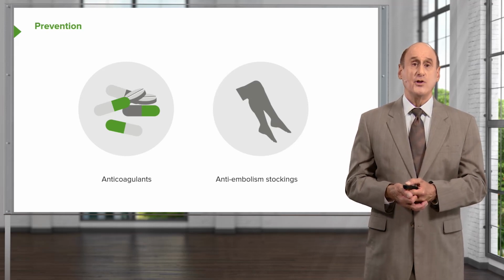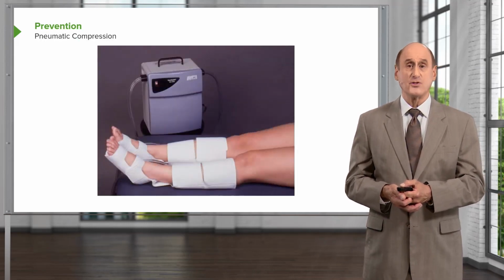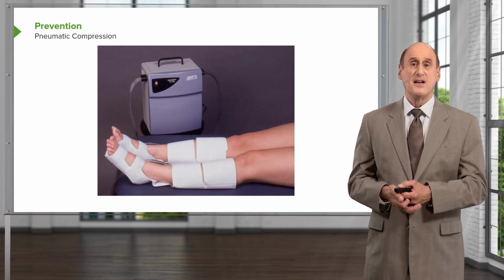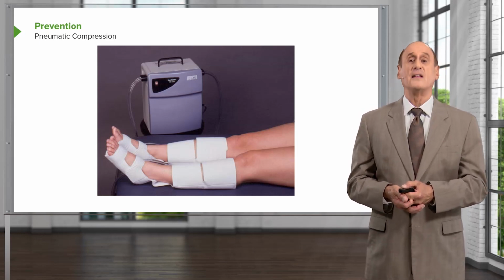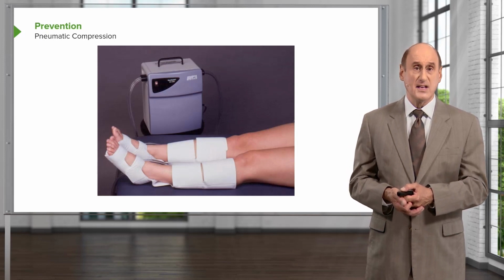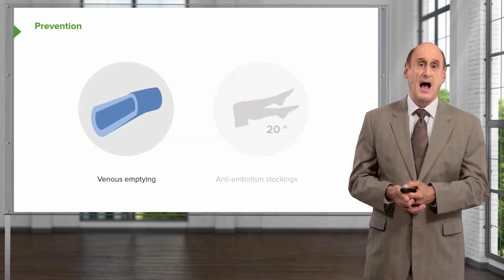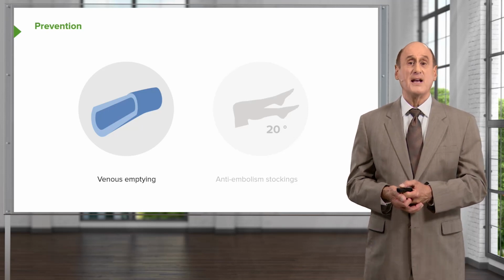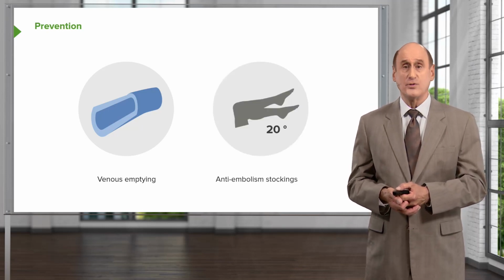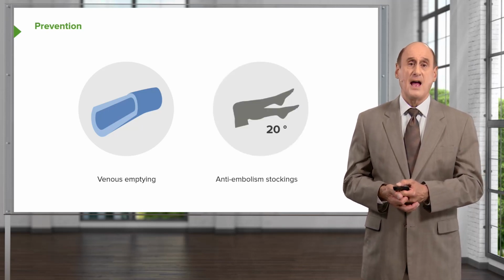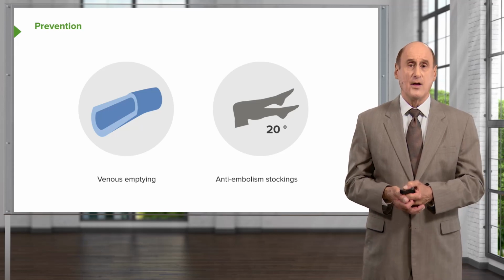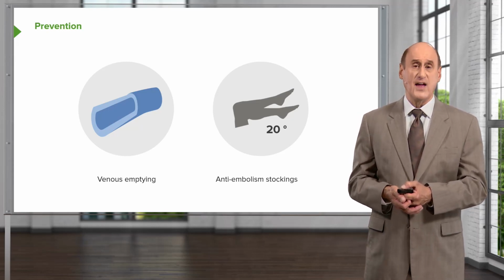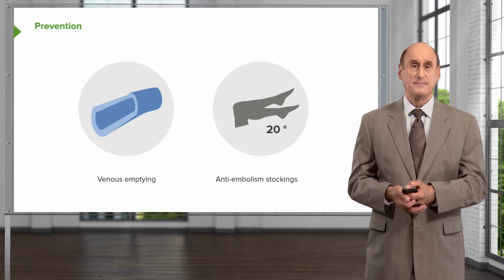Some patients use pneumatic compressive devices when they're in the hospital to keep squeezing the calves, to keep squeezing the blood out. We can elevate the leg to cause better venous emptying every hour or so. Permanent elevation of the leg also helps to prevent stasis. And then after surgery or any injury, the sooner one gets the patient to ambulate and get the muscle pump working on the veins again, the better.